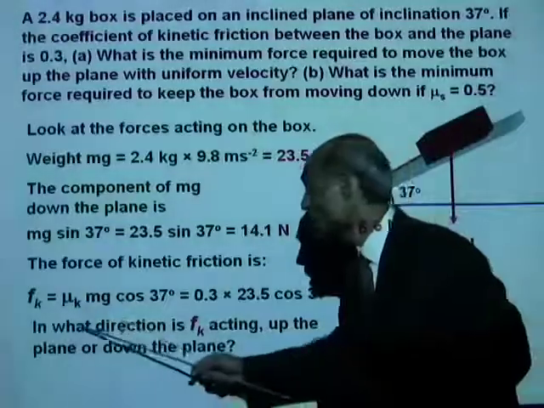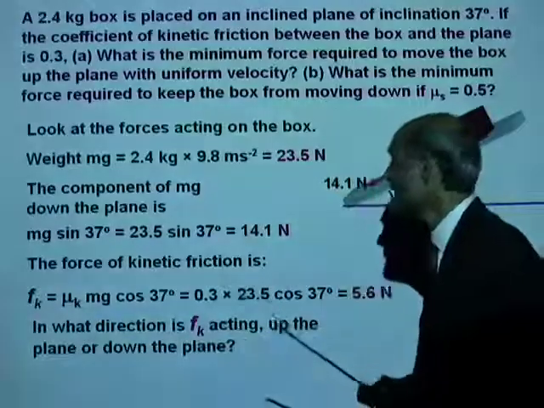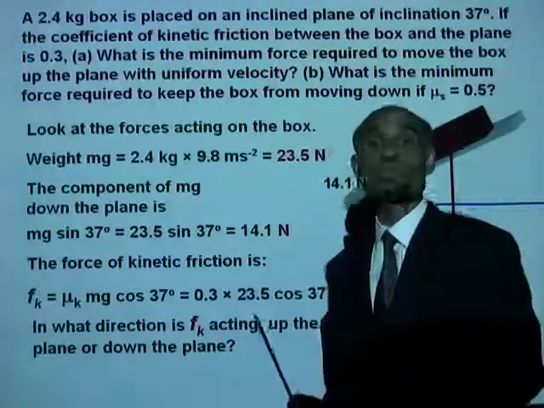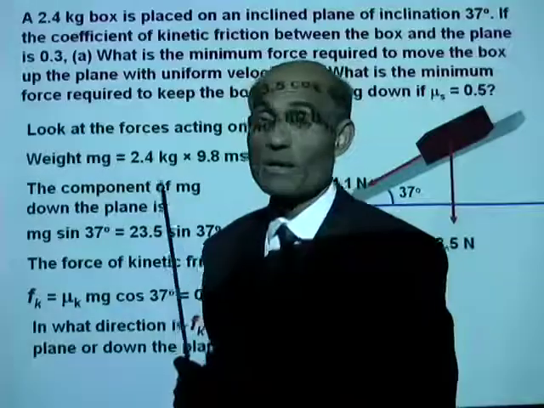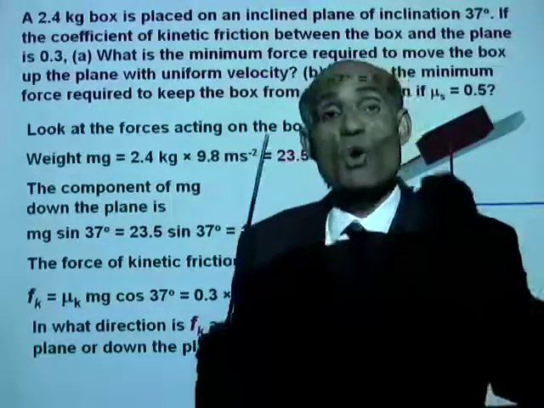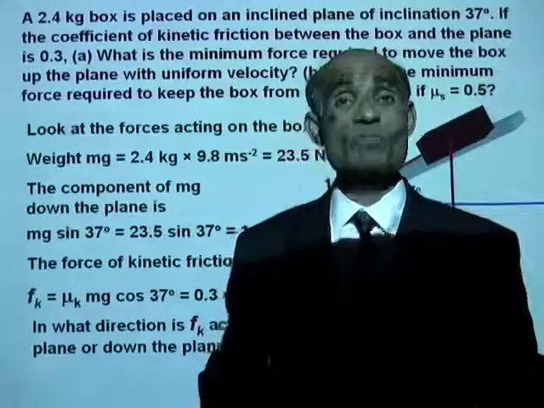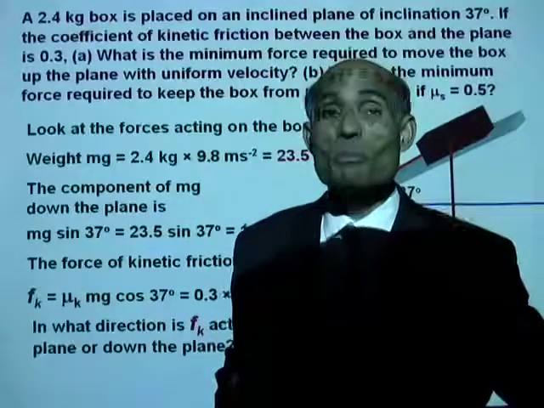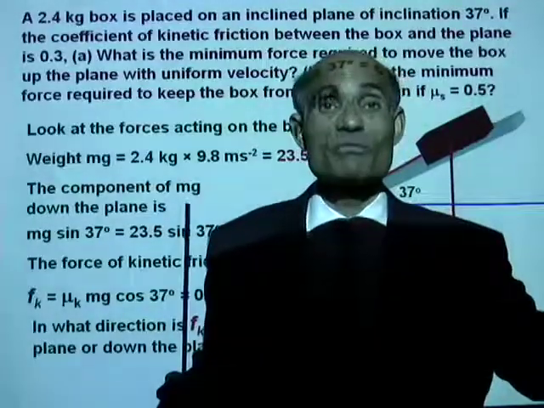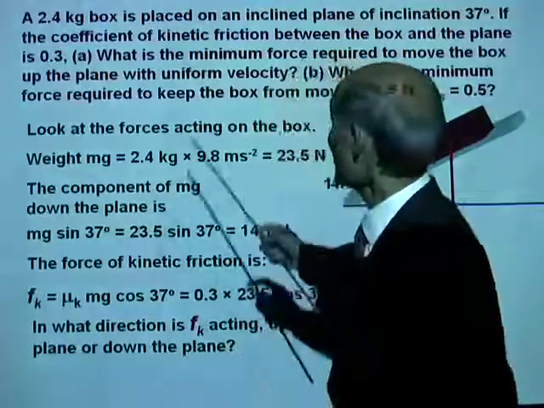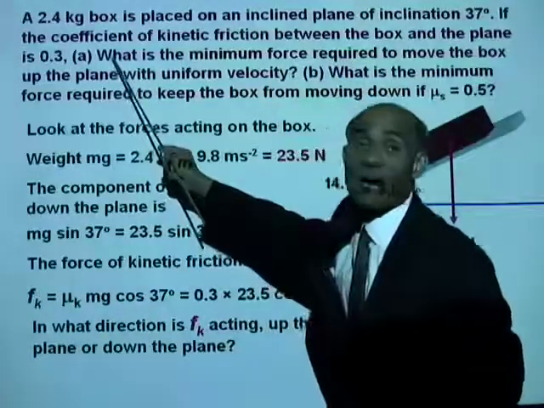Now the question is, in what direction is that frictional force acting? Well, friction always opposes motion. So the direction of the frictional force is opposite to the direction of motion. What does the A part say?